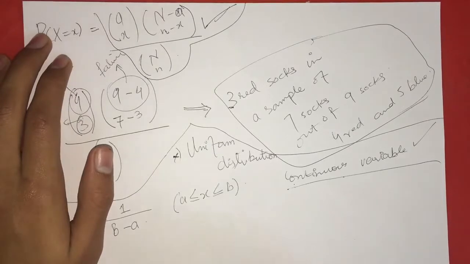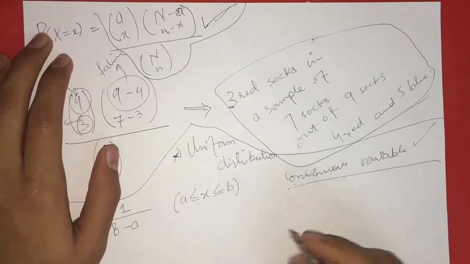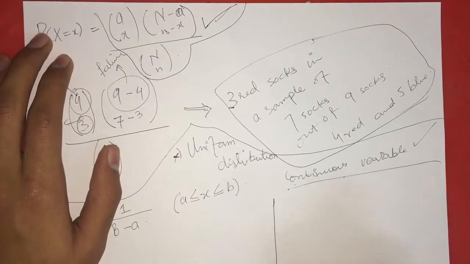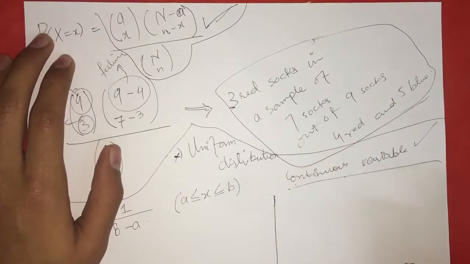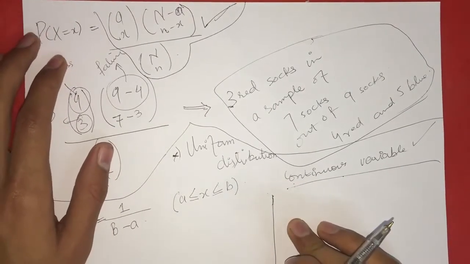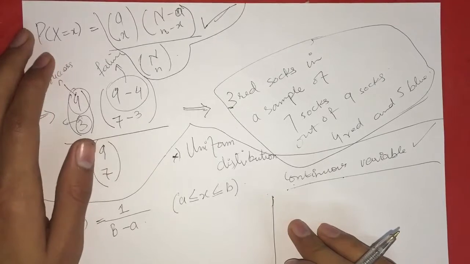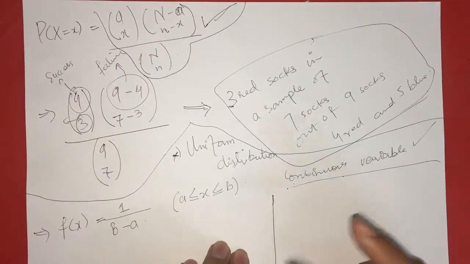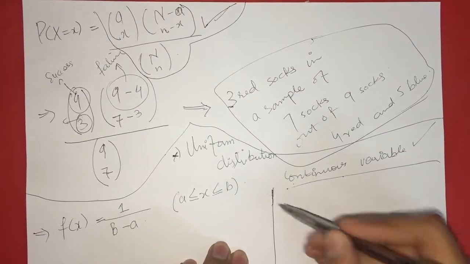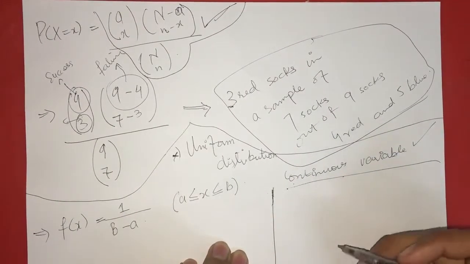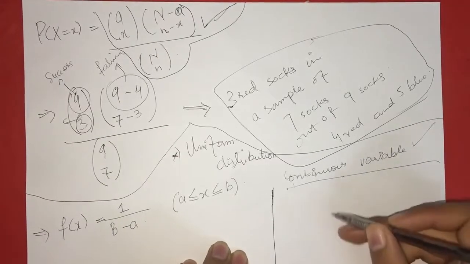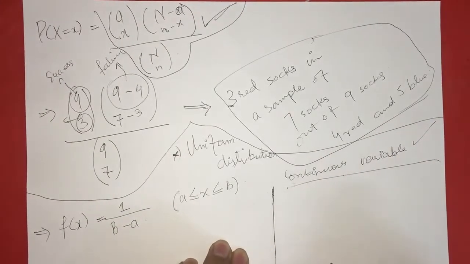If we draw a graph like this, for a continuous variable the area under the graph is our probability for a certain event. But when we calculate the uniform distribution, the probability at an exact point is 0, and we are going to prove that right now.